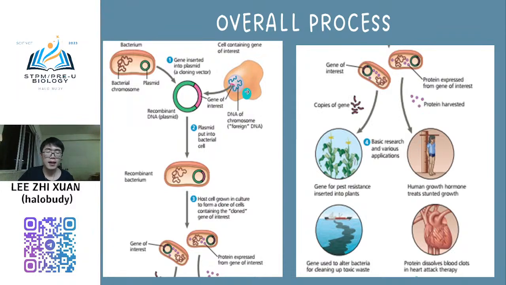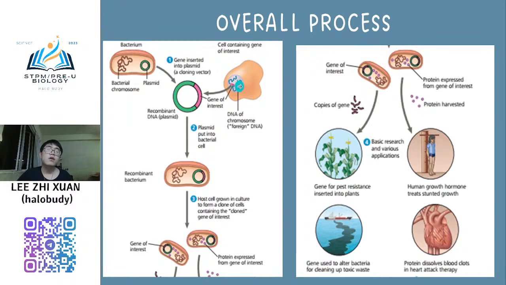Satu tempat plasmid, because it wants to insert the gene of the donor cell, dan insert dekat sini. So restriction enzyme akan potong dekat plasmid, dan juga potong dekat DNA donor cell.